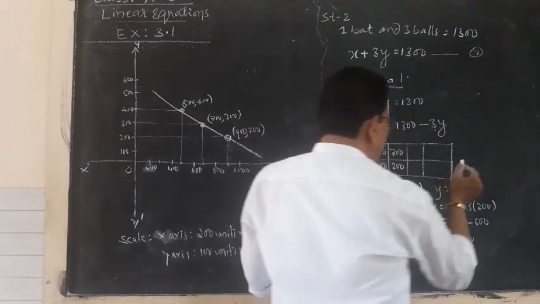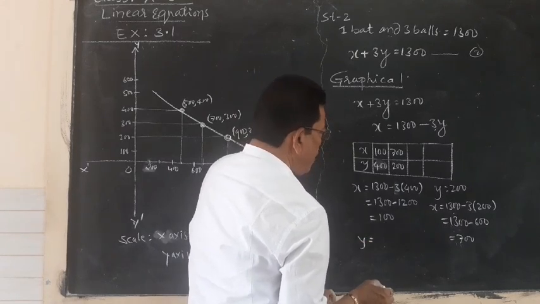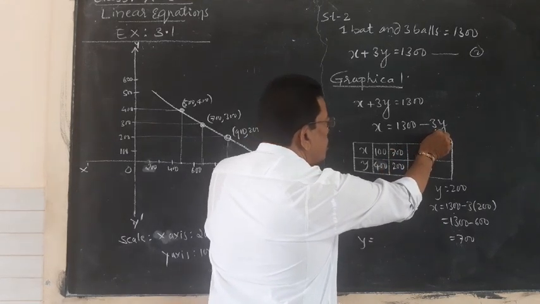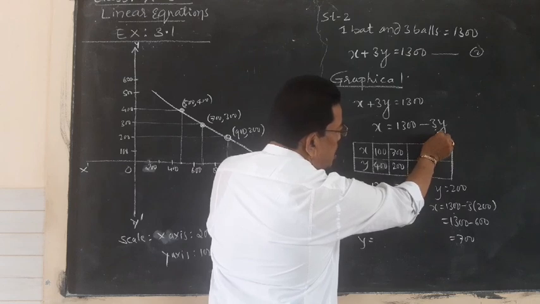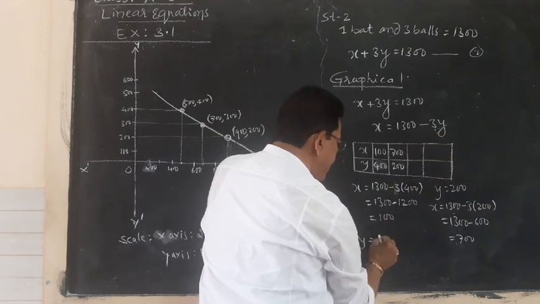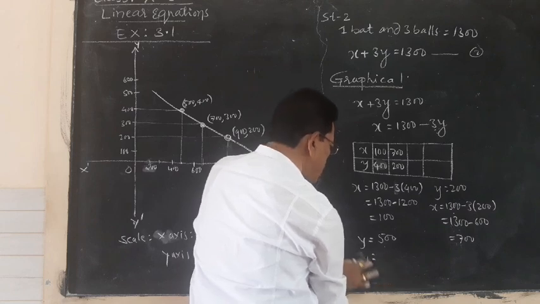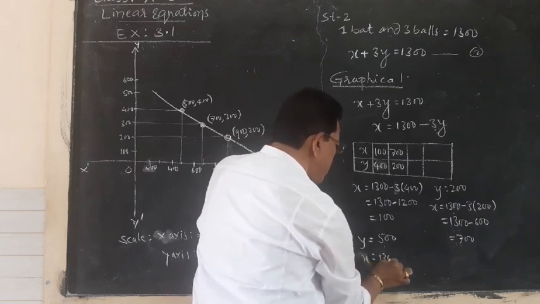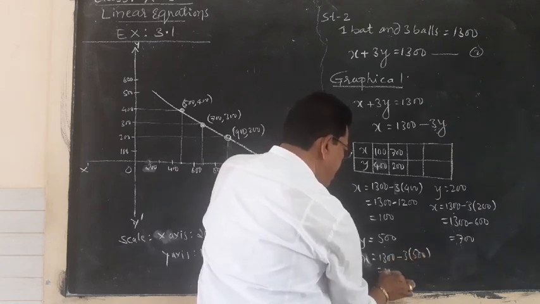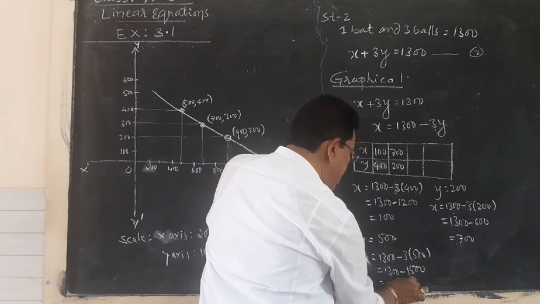Then y equals 500: x equals 1300 minus 3 into 500, that is 1300 minus 1500, which equals minus 200.